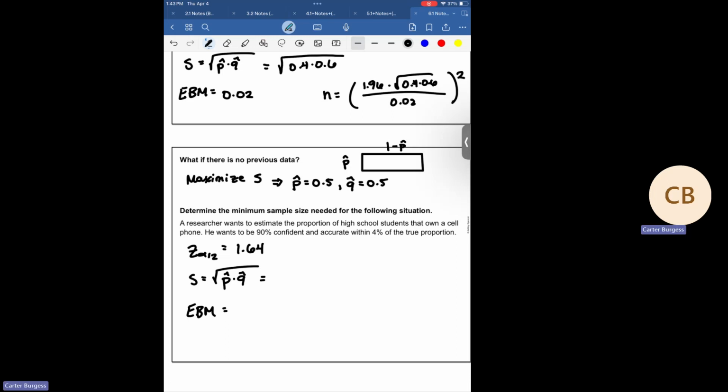Does that feel familiar? 95% is 1.96, and 99% is 2.58. Those are kind of the bread and butter three that you could be asked. But again, if we don't know it, how do we find it? Second one, inverse norm with 0.95.